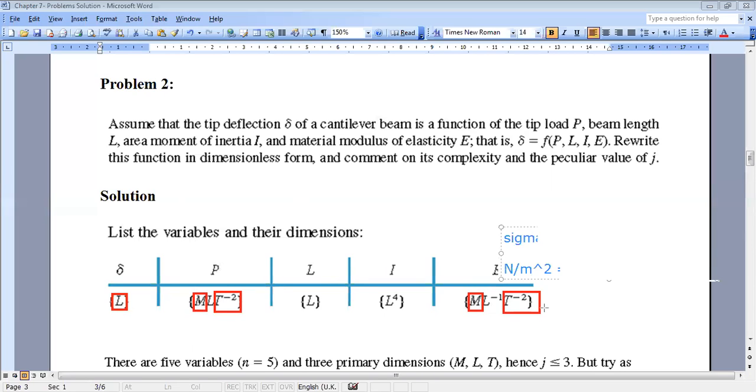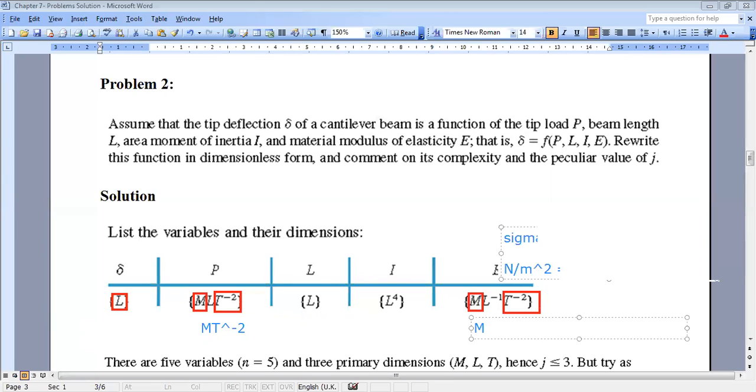Because they are repeated in the same way, you cannot say that they are independent dimensions. Instead of having M alone and T alone, they are always appearing in one form, which is MT minus 2. This is why we will not find 3 variables that cannot form a group.